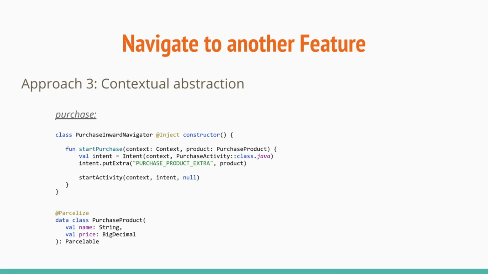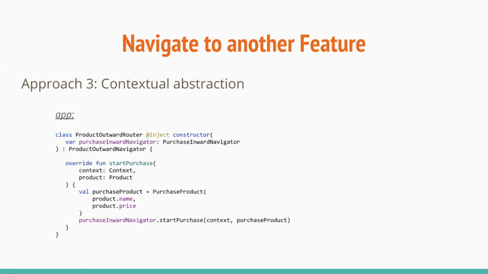Here you can see the purchase product is nothing but the projection of the actual product model. And inside the start purchase, we will create an intent and start the purchase activity. Because we are saying that the purchase module is going to be cohesive, which means all the functionality related to the purchase would be inside the purchase module, we can directly access the purchase activity from the purchase module.